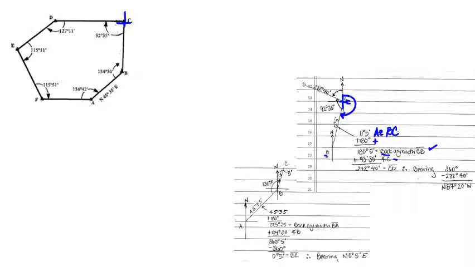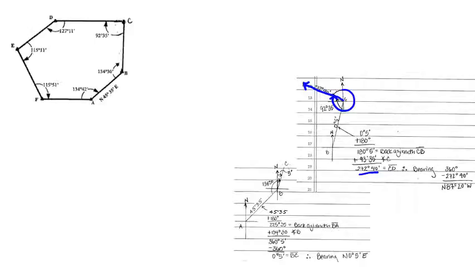And then we're going to add the angle at C to give us the new azimuth of C to D, which is 272 degrees and 40 minutes. Okay, so now from C to D, we've got 272.40.